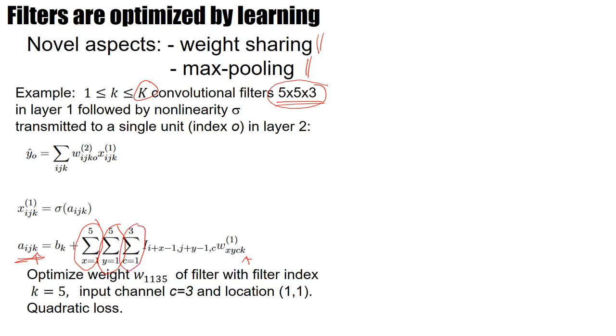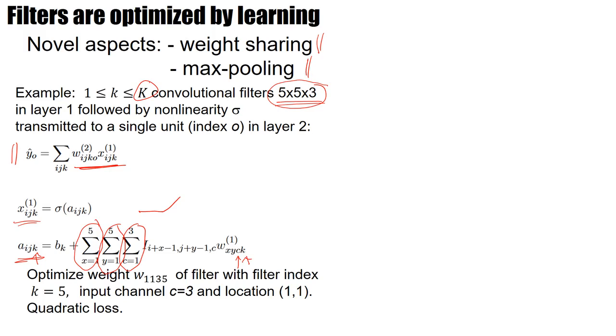I have 3 color channels or other depth channels, and the index of the color channel appears here, and the big I is the image. Then we have the nonlinearity, which could be a ReLU-like nonlinearity, and at the moment it's a single output, which is just a sum in the second layer of these ReLU activities that arrive in the second layer.